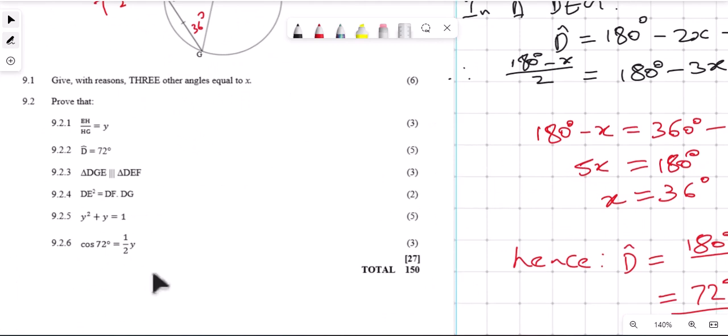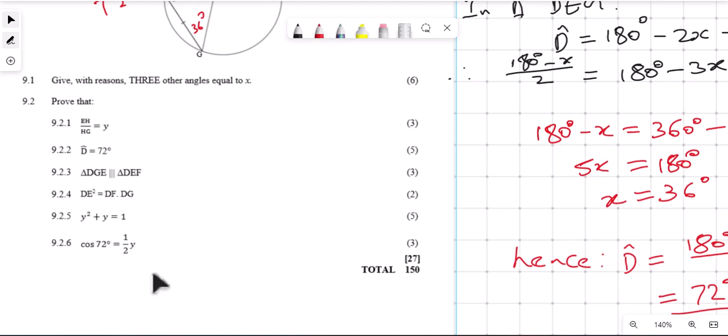9.2.3, I refer to this one as the simplest of them all, similarity. Prove that triangle DGE is similar to triangle DEF.